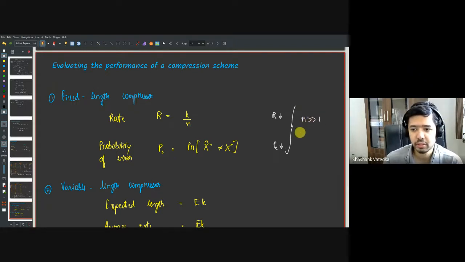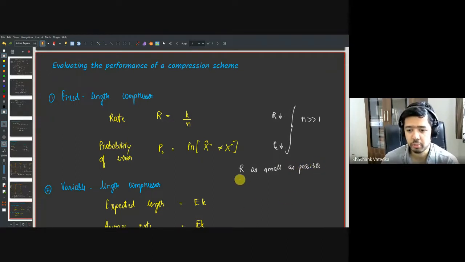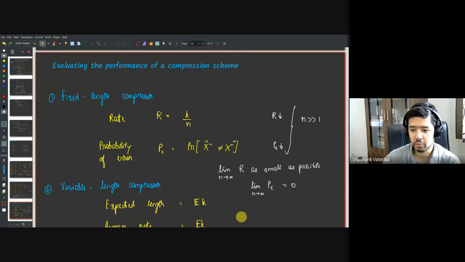So typically when one analyzes fixed length compression algorithms, we demand that the rate must be as small as possible for a given probability of error, or we can say that as n tends to infinity, we want the asymptotic rate to be as small as possible and the probability of error to be vanishingly small.